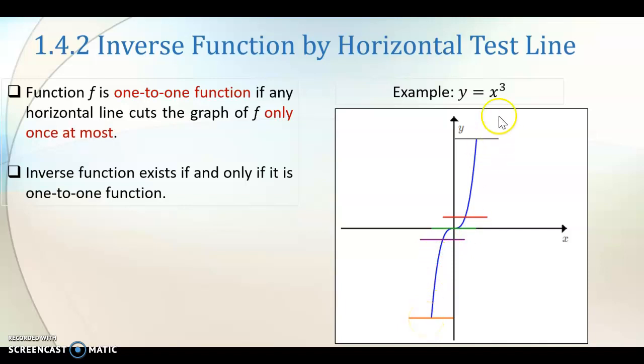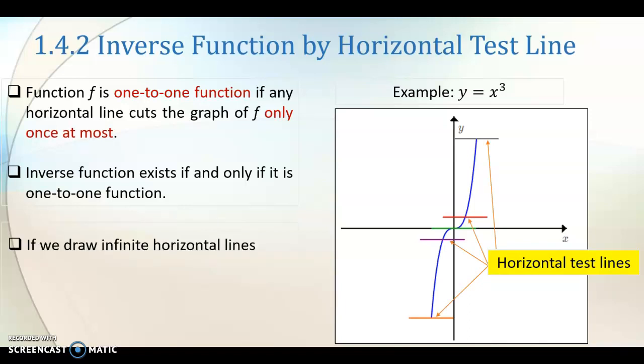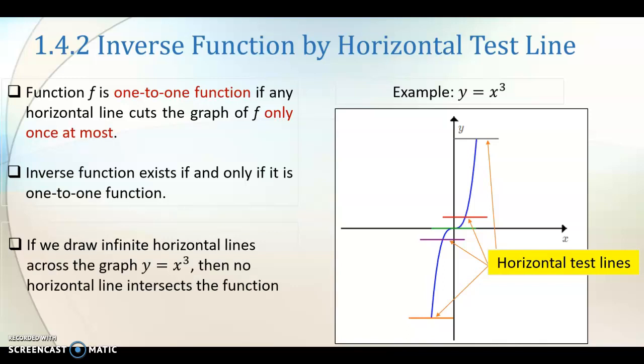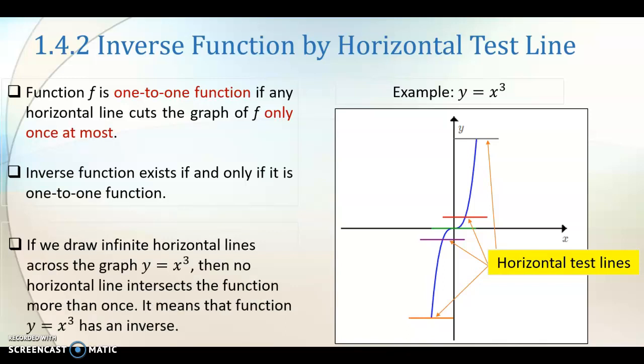So our conclusion is that this function has an inverse function. If we draw infinite horizontal lines across the graph y equals x cubed, no horizontal line intersects the function more than once. It means that the function y equals x cubed has an inverse.